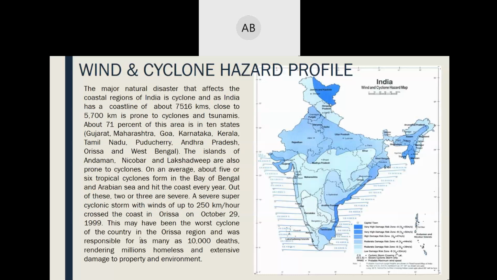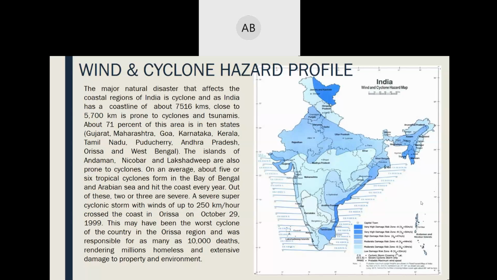Okay, then coming again to cyclone hazard. Someone was saying yesterday, or I think in the last class, so are we really affected by cyclones? This map gives you a better understanding of how various parts of the country are affected by cyclonic storms. Again, here I am saying cyclone, or in general any wind depression.